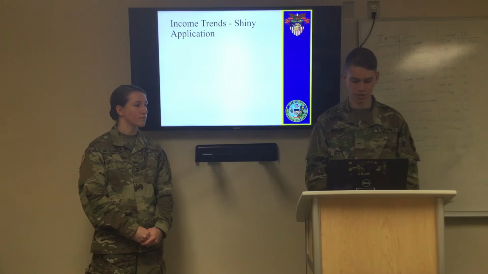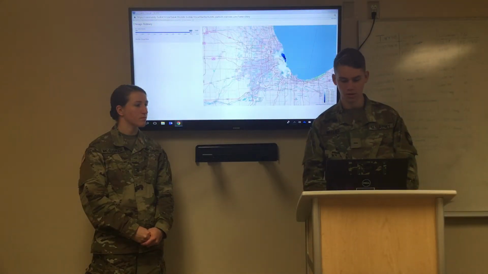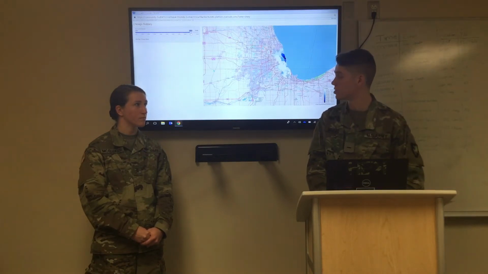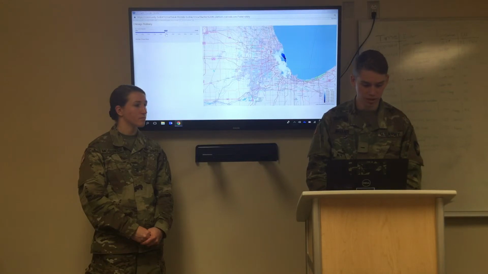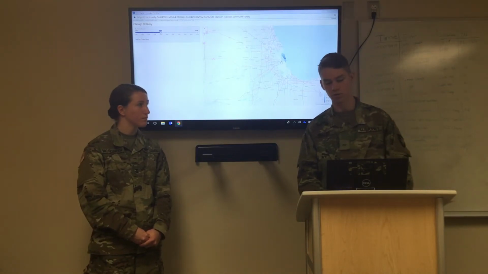So now, looking at the Shiny application we've developed, each dot on this graph represents a single robbery, and the slider starting at 90,000, which is probably hard to see, covers all crimes, all per capita income. But if you slide it down to about 44,000 here, it's going to take a while to load.